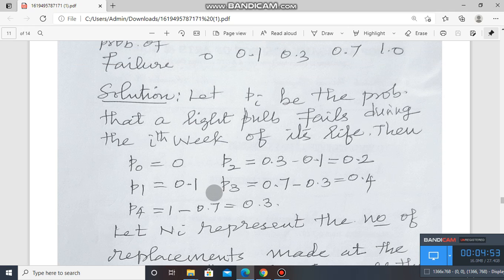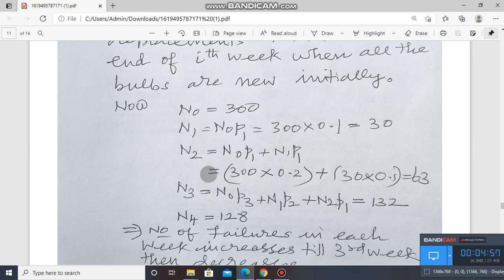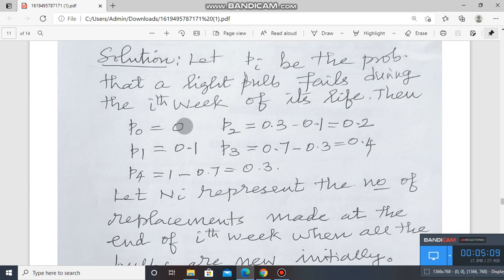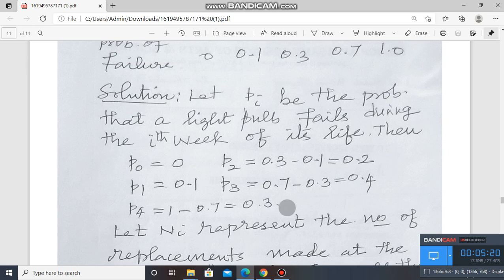We have to find this first because it is needed in our formula. We need P0, P1, P2, P3. For that we have to calculate the distribution of individual probabilities using the previous probability distribution.